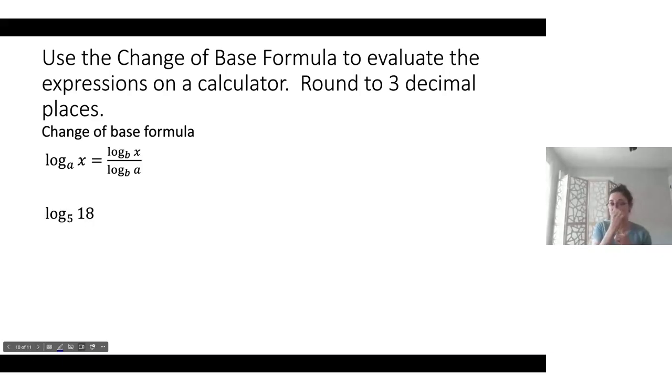So for example, log base 5 of 18. I'm going to change the base using the common log. I can write this as log of 18 divided by log of 5. This I can evaluate in a calculator.